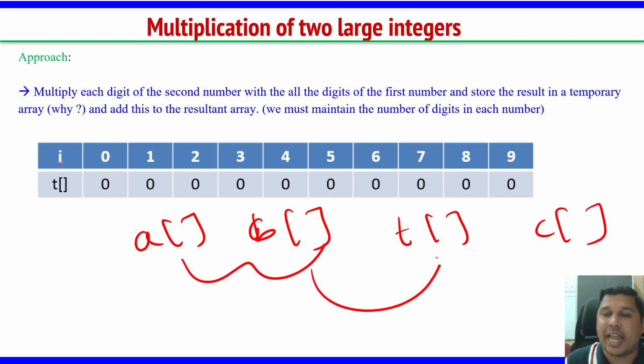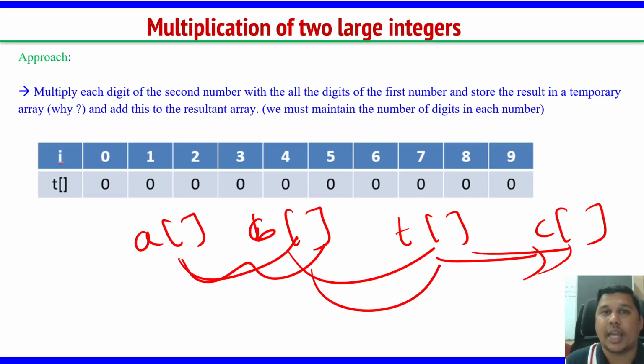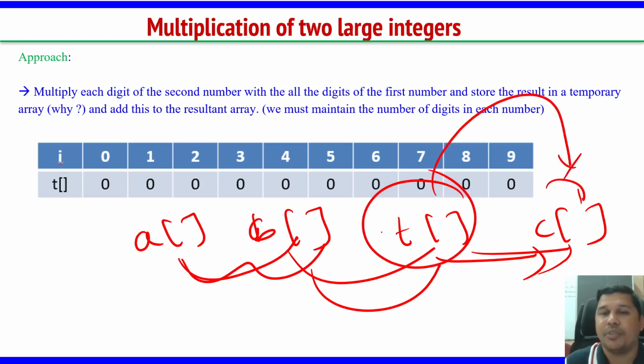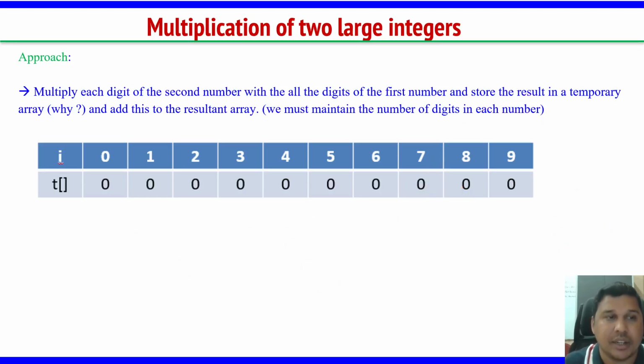Multiply, put in T, add it to C, again multiply, put into T, add it to C. You are doing repetitive addition into C, always getting some values into T, adding it to C, and again getting some values into T, adding it to C. This way you will repeat. That's why I have taken one more temporary array here and filled them all with zeros.